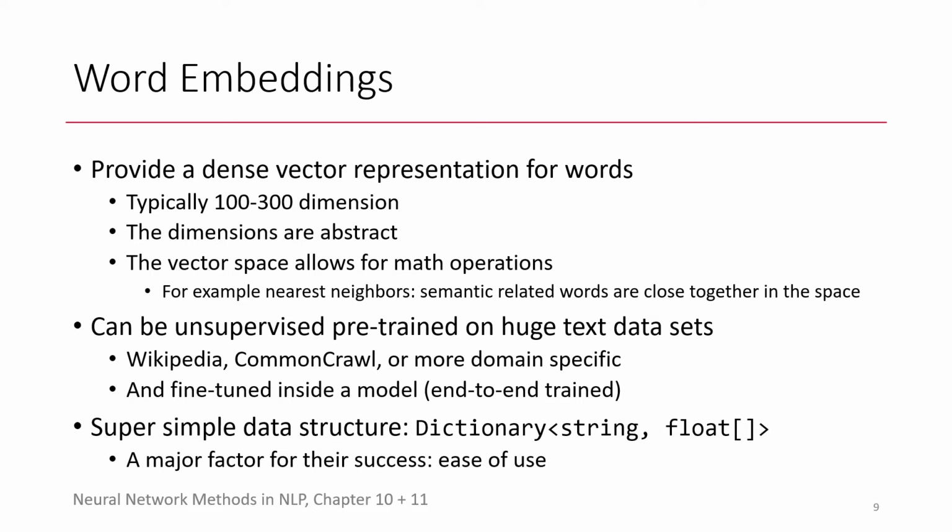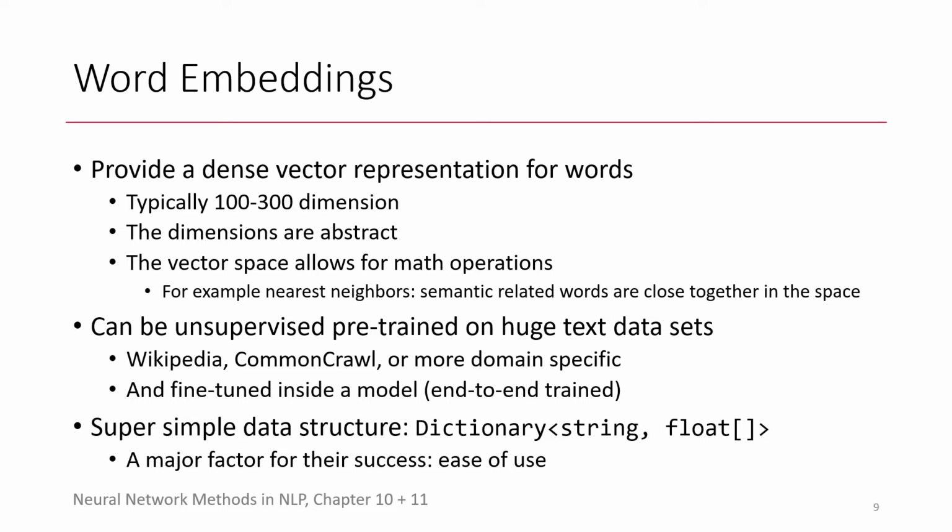No, the dimensions are abstract, and the vectors only make sense in relation to the other vectors in the vector space. To measure the relations, we can operate with mathematical operations in the vector space. So we can compute nearest neighbors to get the semantic relatedness of words that are close together in the space, or we can create analogies. More on that in a second.